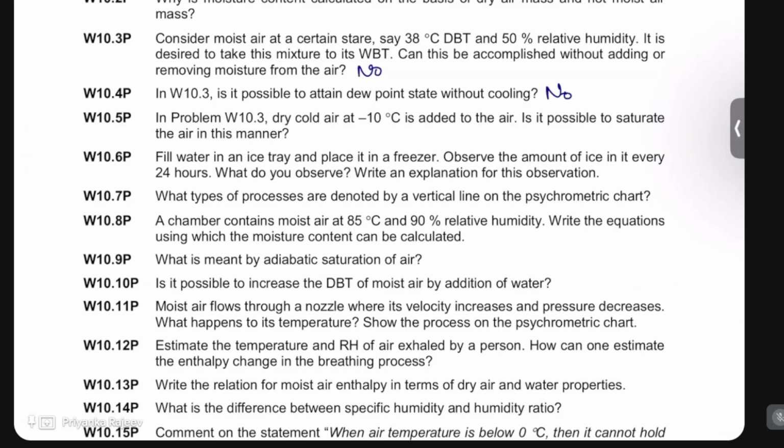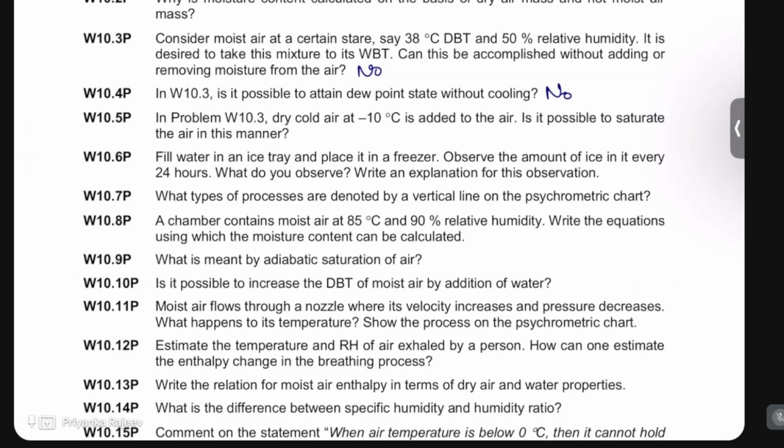Now, in problem 10.3, dry cold air at negative 10 degrees is added to the air. Is it possible to saturate the air in this manner? Adding dry cold air at negative 10 degrees centigrade to 38 degrees centigrade air, so mixing two air streams is the question here.